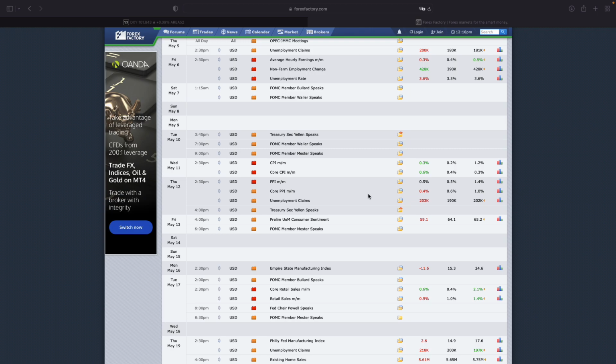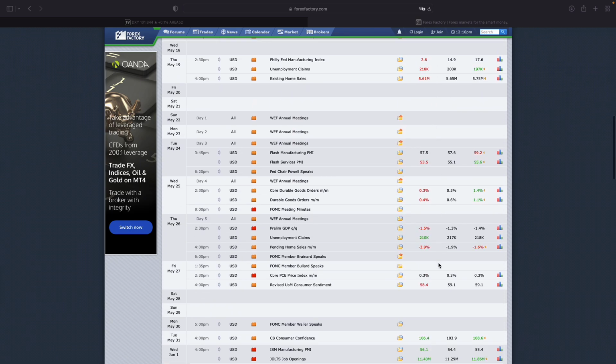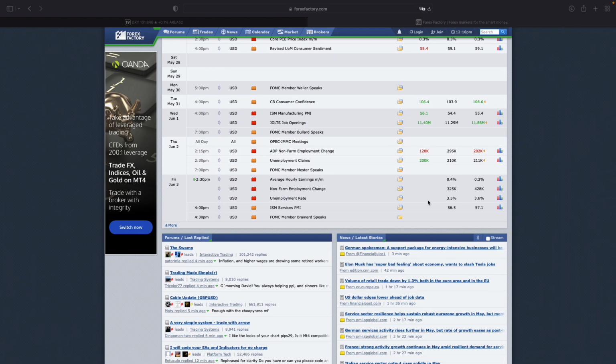Before we get started, this is purely my opinion, okay? Don't go out there and tell people I said that the NFP is going to be negative. That's not what I'm saying. However, I do expect the NFP to be positive, to come through with a 3.5% unemployment rate, and potentially see about 400k new jobs added, and the average hourly earnings to be at 0.4%.